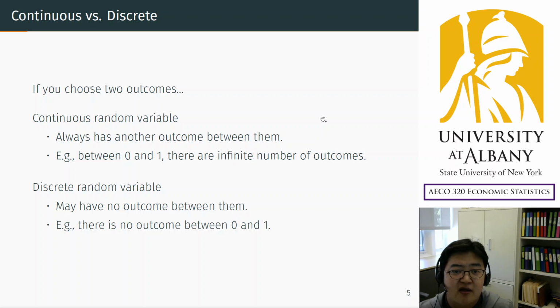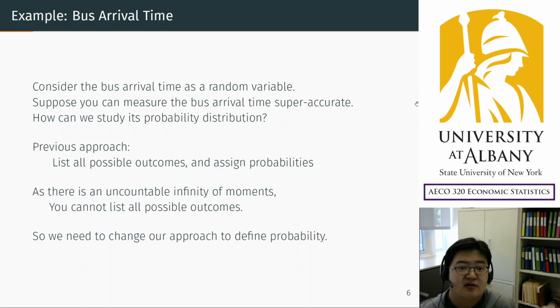And then the problem, think about this. It makes the problem more complicated. So we are going to use the bus arrival time as a running example to introduce the idea.